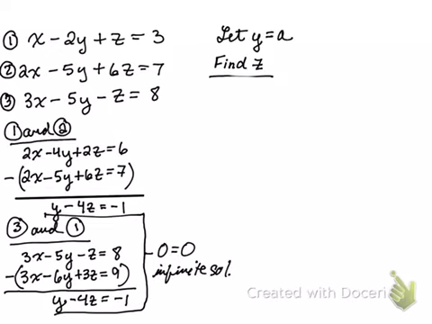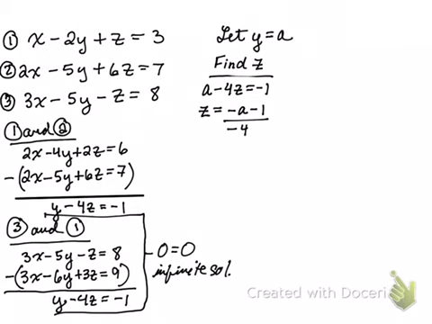I'm plugging in this a for y in that equation and then solving for z. And that will give me a minus 4z equal to negative 1. Solving for z, I get negative a minus 1 divided by negative 4, and that's z.